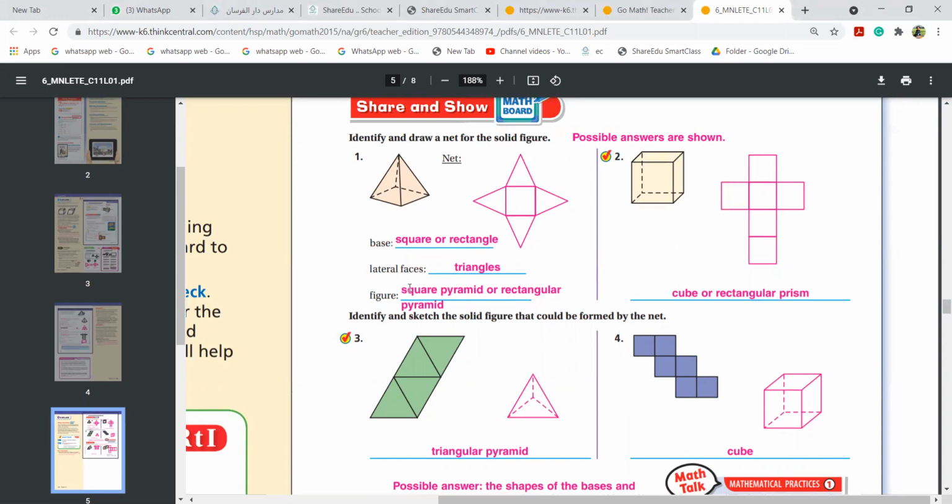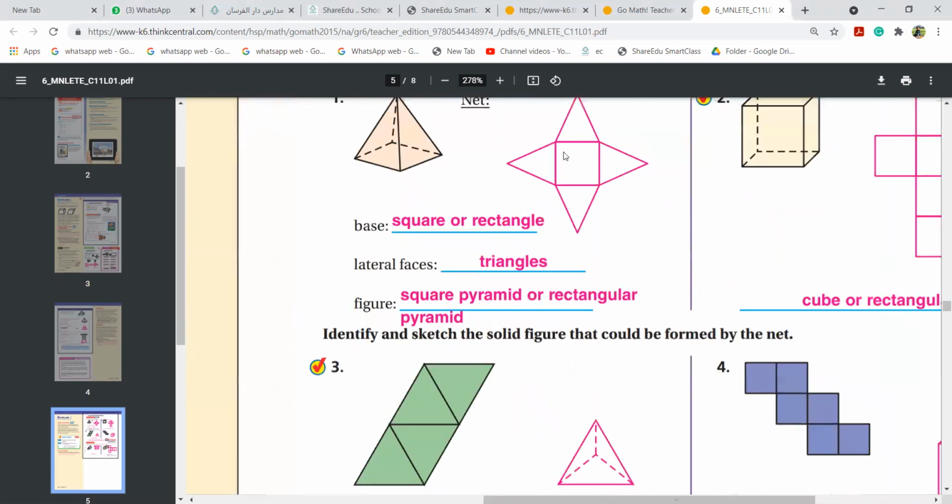So what do you call it? We call it a square pyramid or rectangular pyramid. Miss, I didn't understand number 4. How can it be a cube? I'll tell you. First, you see this. Why is it called a square pyramid? Because the base is the square.